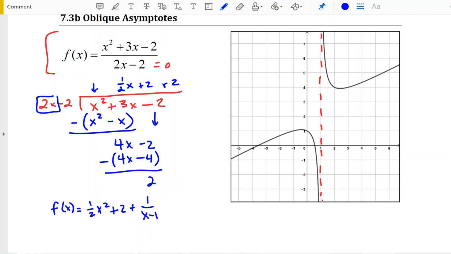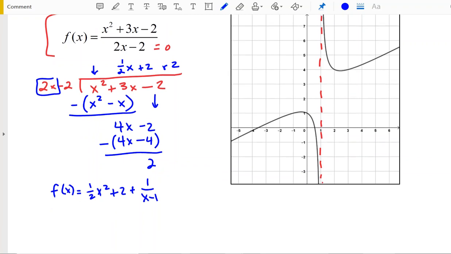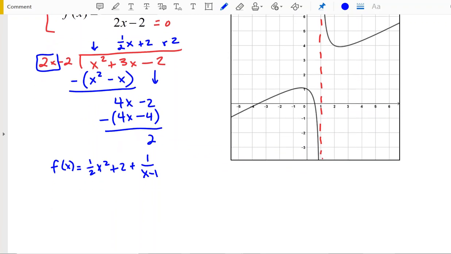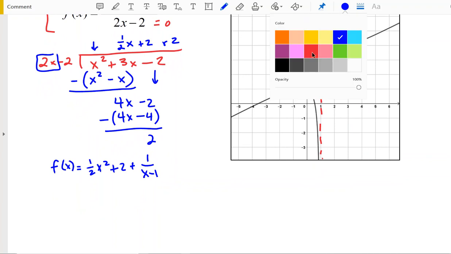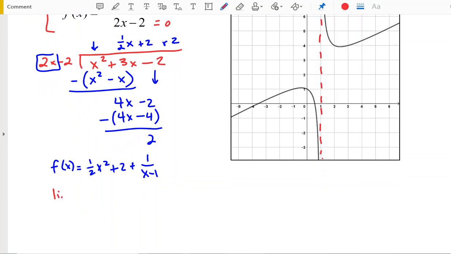And then we'll remind ourselves about how horizontal asymptotes work. Horizontal asymptotes are based upon the limit of the function as x approaches infinity. So let's ask ourselves that here. As x is approaching infinity, what is happening to this function 1/2 x plus 2 plus 1/x minus 1?